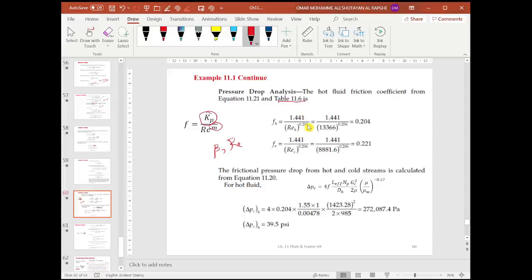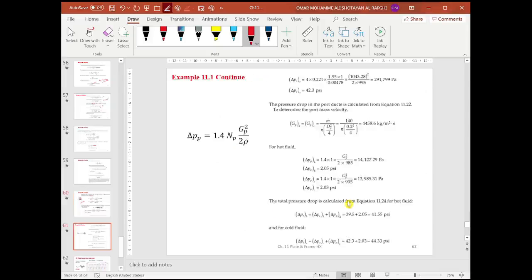You have to check that with table 11.6. Once you found these two friction factors, you come back and you can go back and calculate the pressure drop in the channel, and you find that the pressure drop for the hot fluid is going to be 272.087 Pascal. Converted to PSI is going to be 39.5.